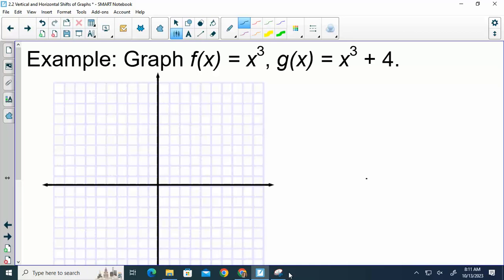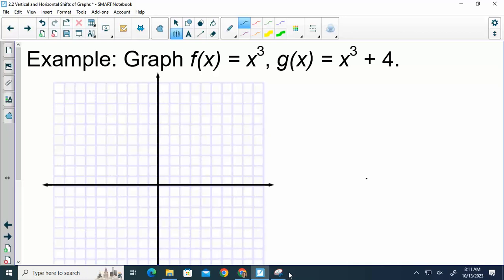So our first function, x cubed, what does that look like? Yeah, it's kind of like the chair function, it starts out and then it kind of levels out in the middle.